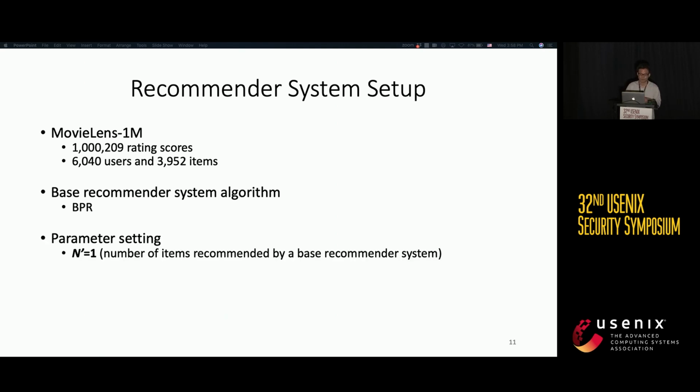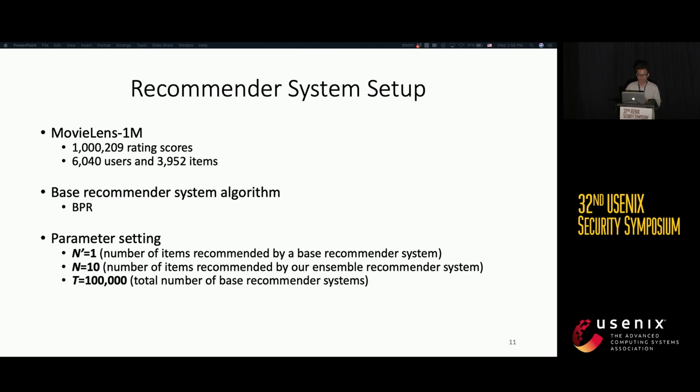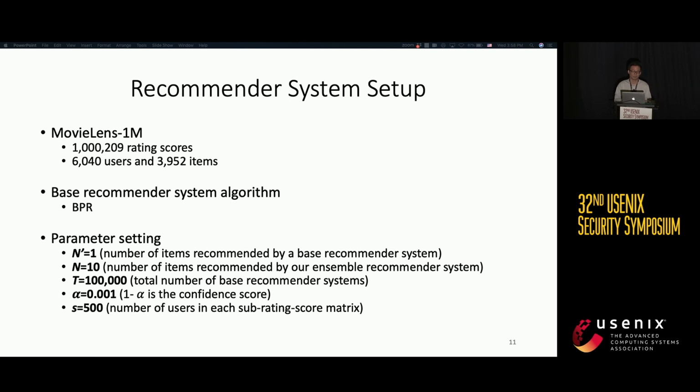We set n prime to be 1, which is the number of items recommended by a base recommender system for each user. N is 10, which is the number of items recommended by our ensemble recommender system for each user. And T is 100,000, which is the total number of base recommender systems. And alpha is 10 to the minus 3, where 1 minus alpha is the confidence score. And S is 500, which is the number of users in each sub-rating score matrix.